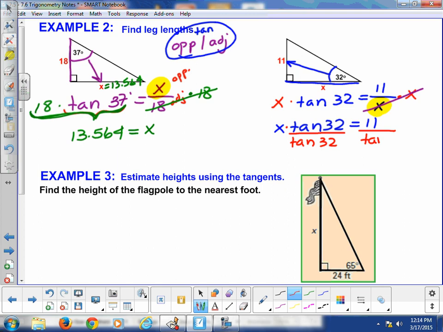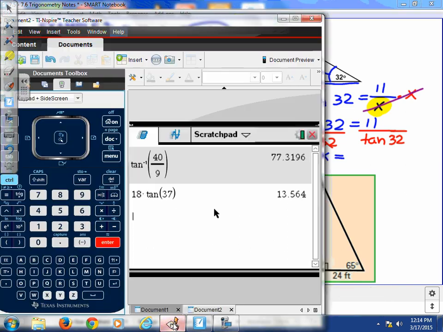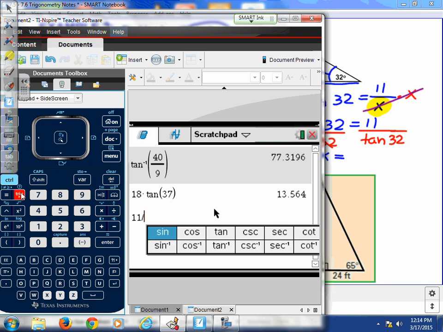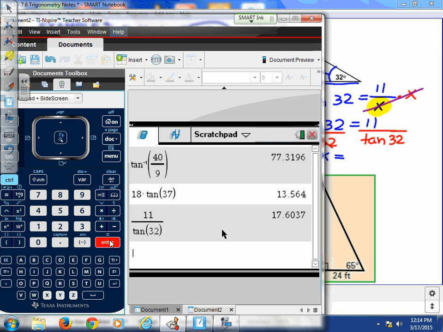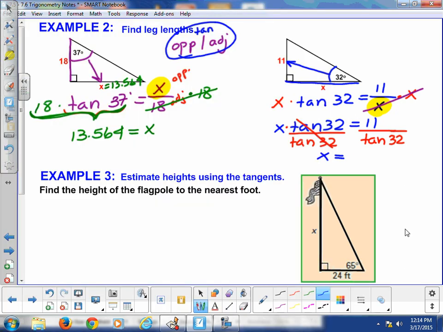So what we do to one side, we do to the other, and we will divide each side by tan 32. And we have x is equal to, with your calculator, 11 divided by tangent 32, and that is equal to 17.6037. That is my x length. And there you have it.